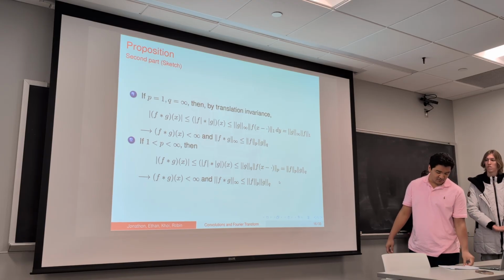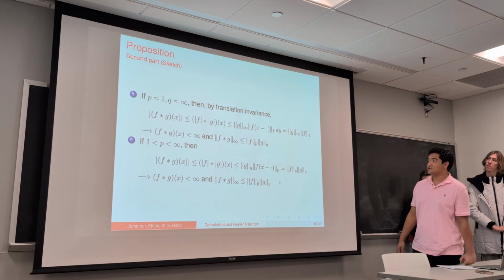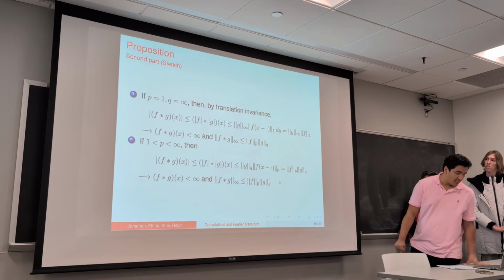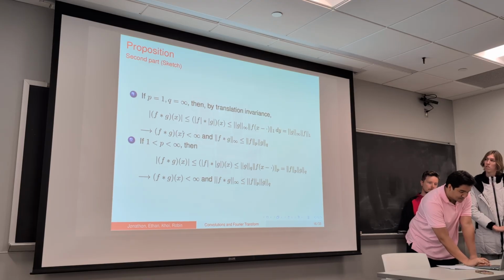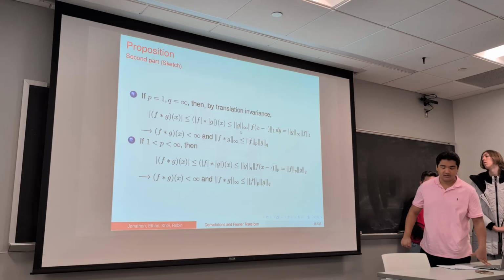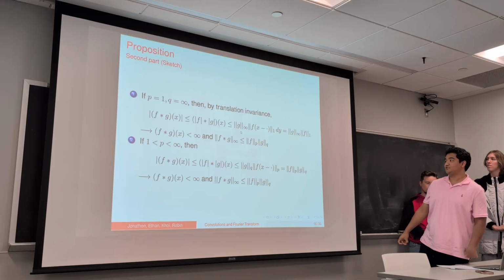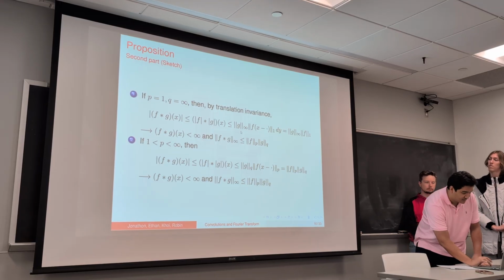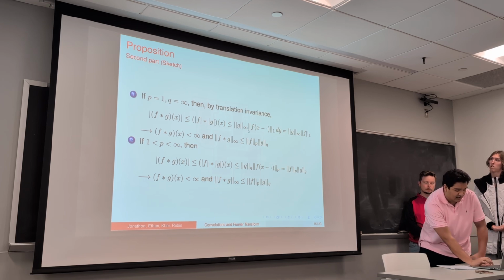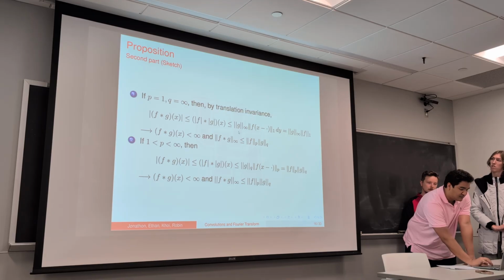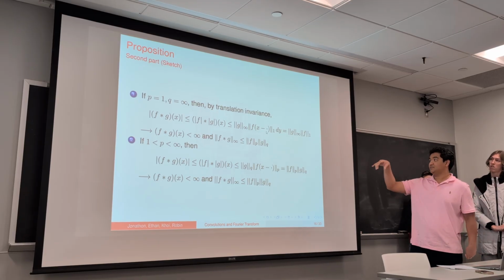Now we're moving on to show that this function is actually bounded, and you can see that because this we already explained, and this we pulled the norm of g out of the integral. Remember, this star operation is actually an integral. So you pull the norm of g out of the integral, and you get the infinity norm of g times the norm of x minus y, there was an x minus y there.